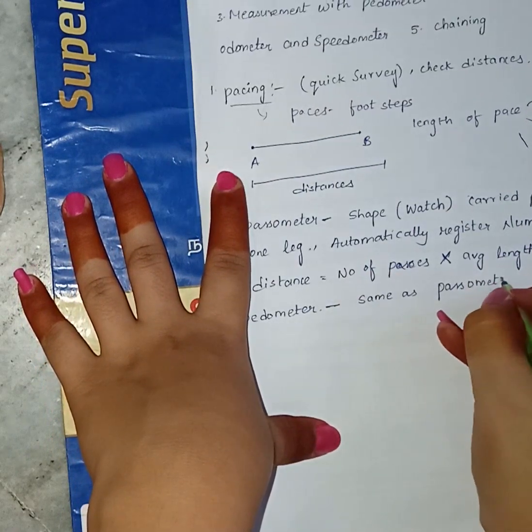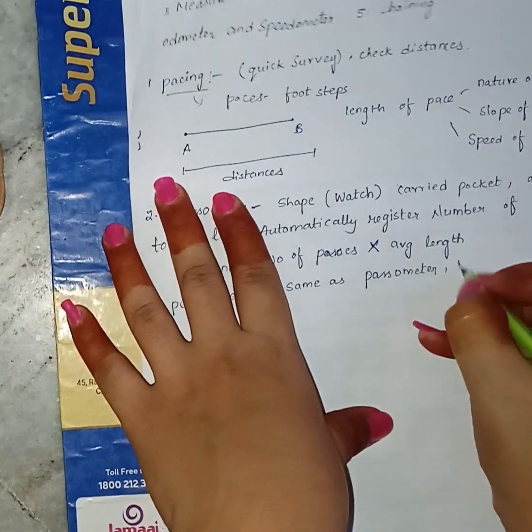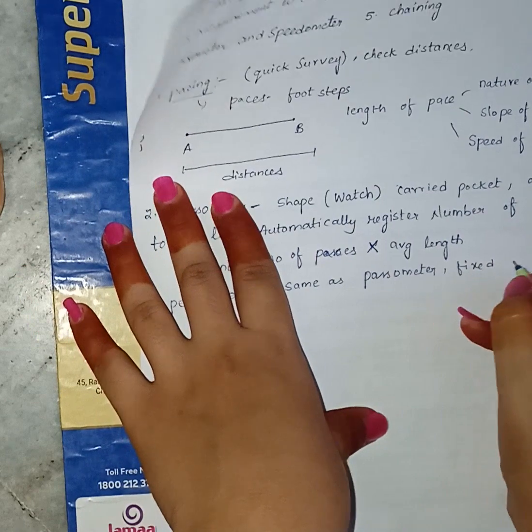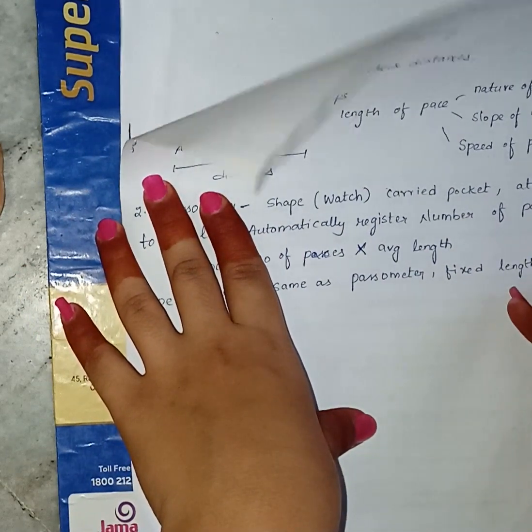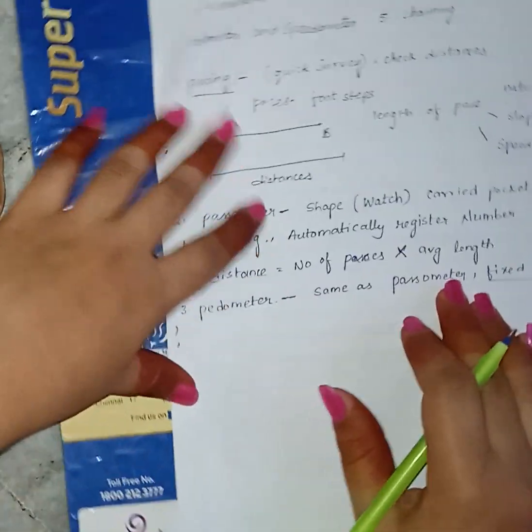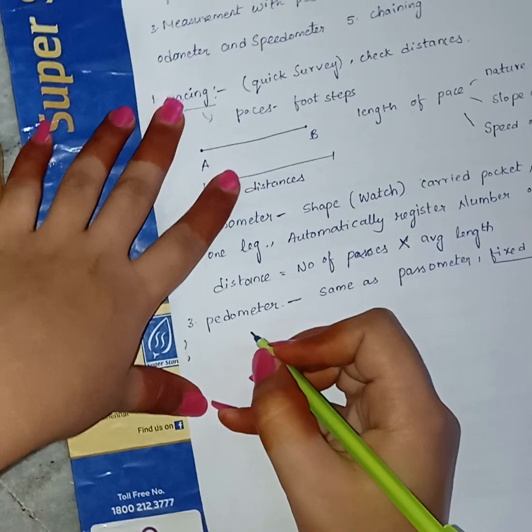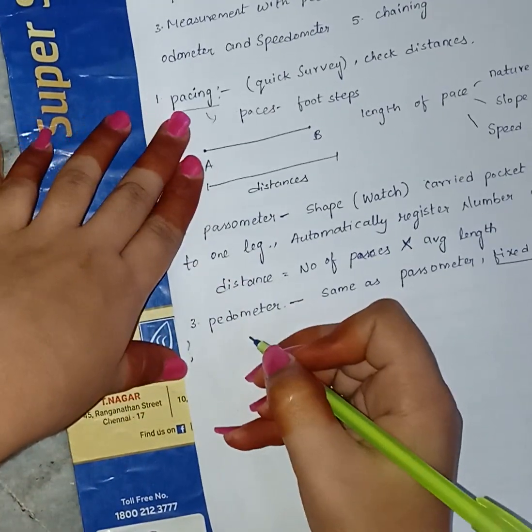But what is the difference between the passometer and pedometer? In case of the passometer, a fixed length of the pace is taken. Means footsteps, only one length is fixed. By taking that fixed length of the pace, we are counting the distances. So it is a difference between the passometer and pedometer.